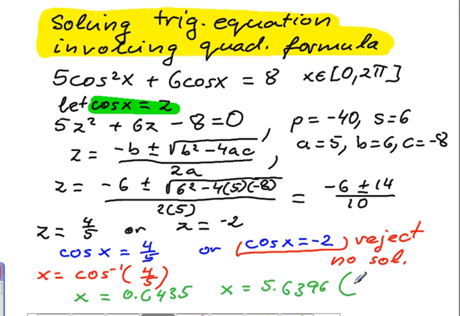So how did I find this root? As 2 pi minus 0.6435. All right. So this is the solution for root number 1 and root number 2.